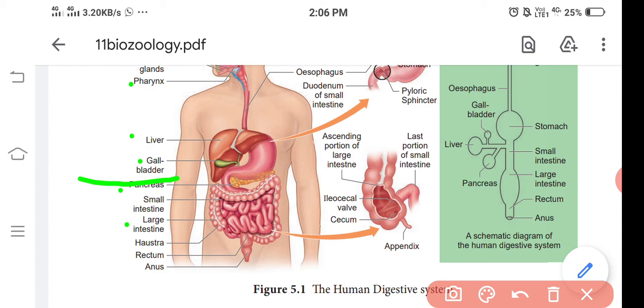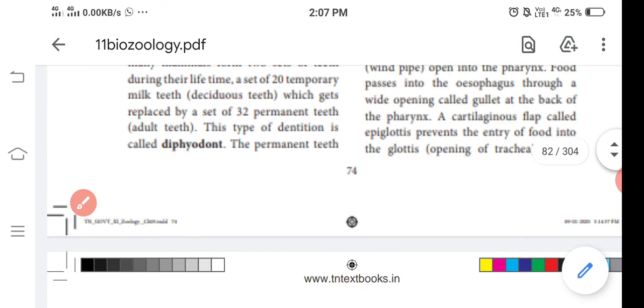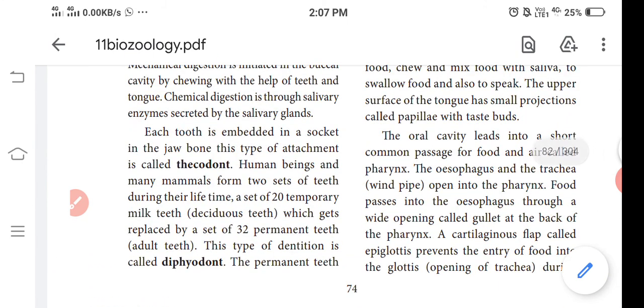So far we have learnt about the human digestive system, what food is and what the components of food are, and also about the mouth and the organs present in the mouth for the purpose of digestion.